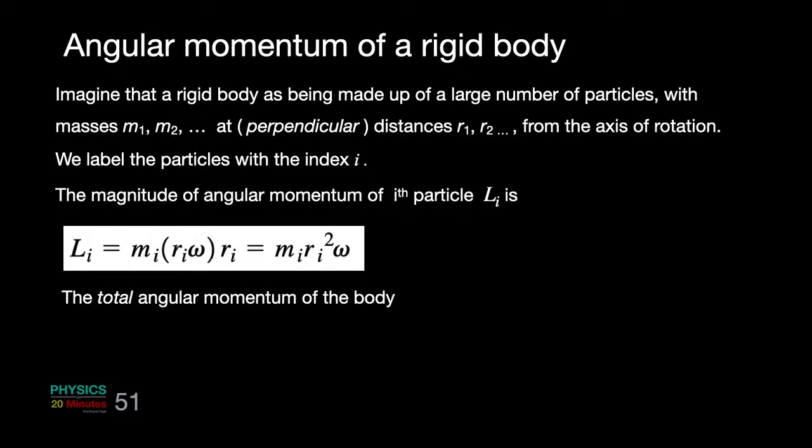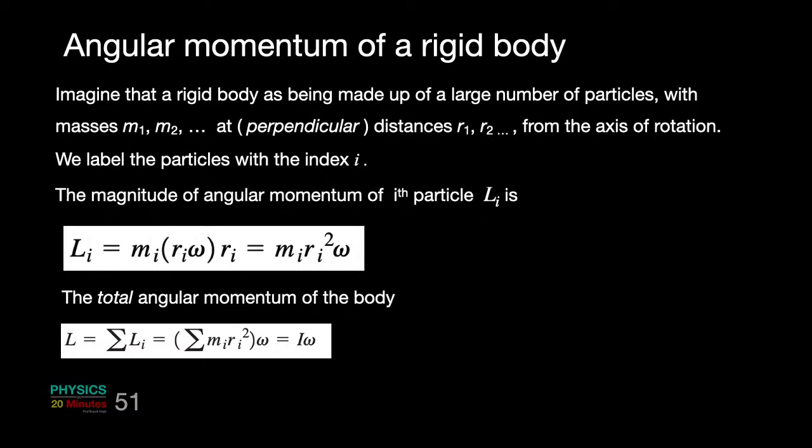What is the total angular momentum of the body? You make a sum of this for all the particles. You have n number of particles in a rigid body, tightly packed, so you have to sum this over all the particles.